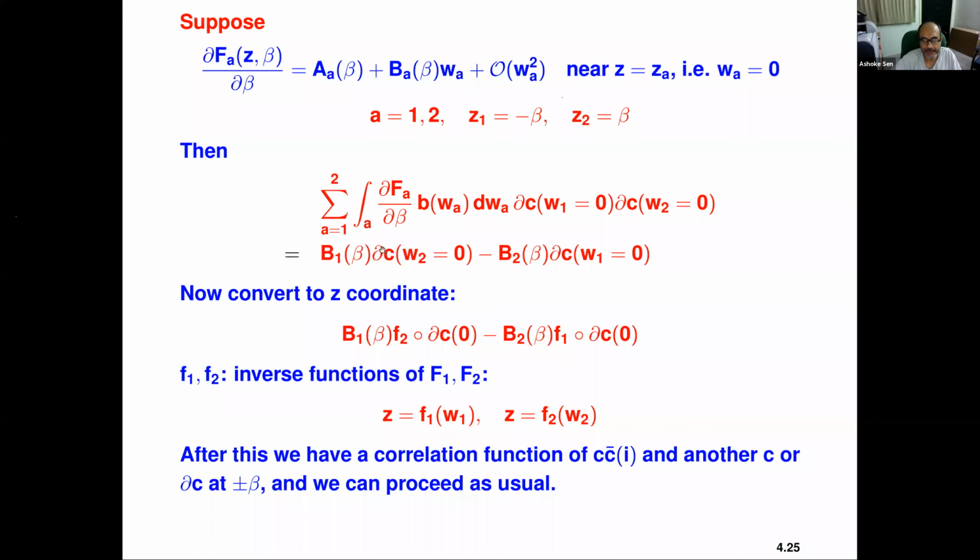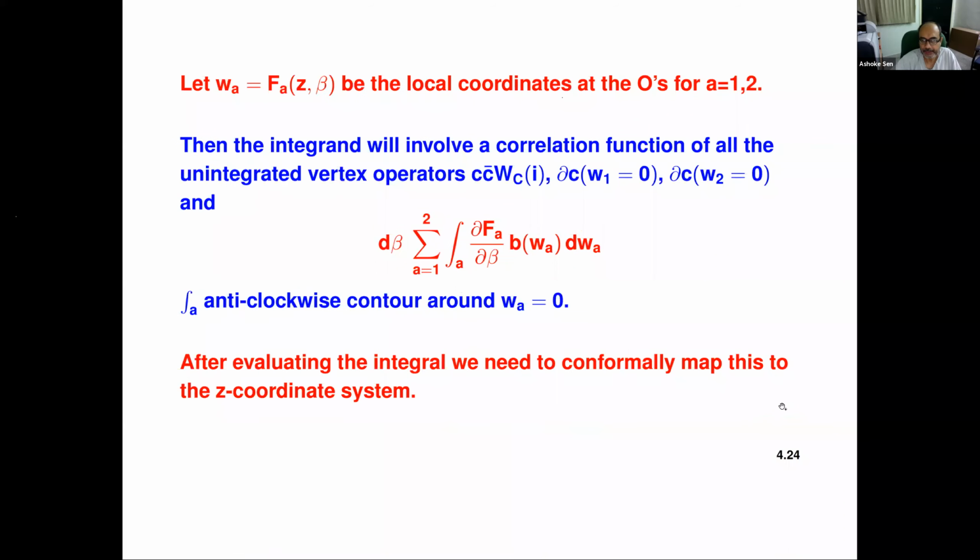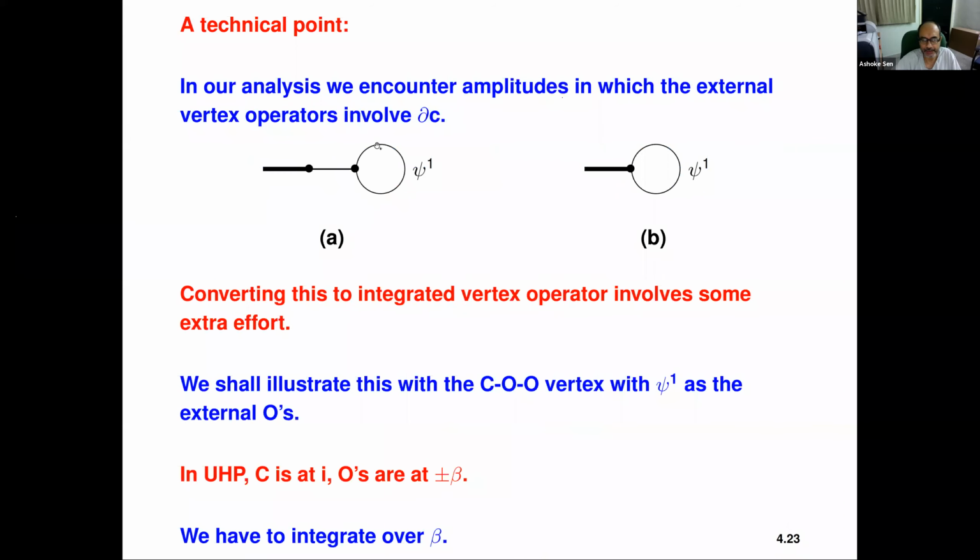If you had, say, ∂² c, then in this expansion you have to pick up the order w_a squared term, because b with ∂² c gives you 1 over w cubed, so you have to kill 2 powers of w, and that comes from this point. So this procedure has to be followed when you compute, for example, this diagram as well as this diagram.